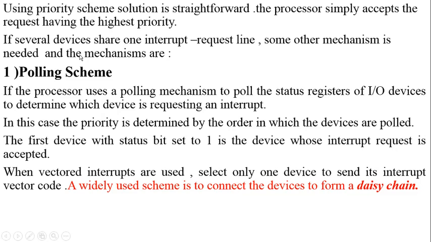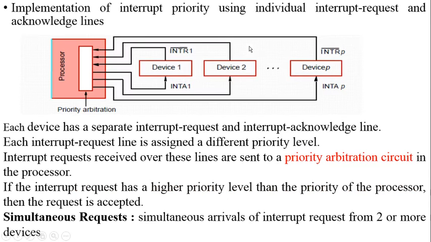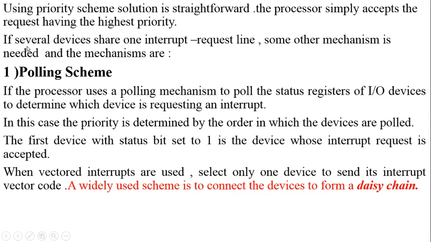The situation becomes worse if several devices share one interrupt request line. Here we have separate interrupt request lines, so the situation is very simple. We consider the priority values of different interrupt requests with respect to the priority of different devices. But the situation is different here.